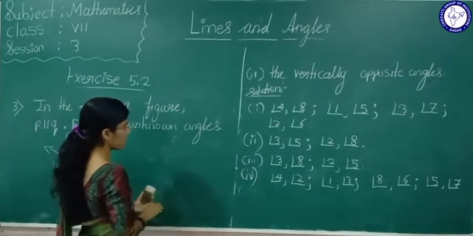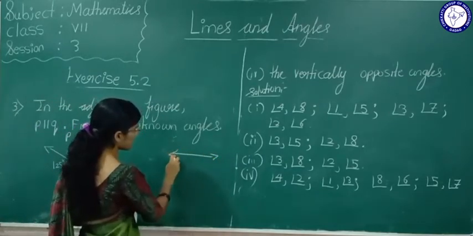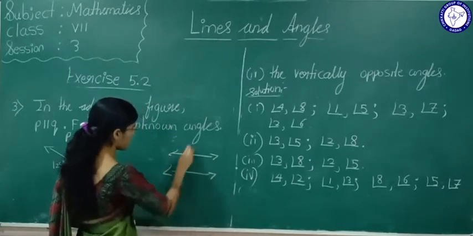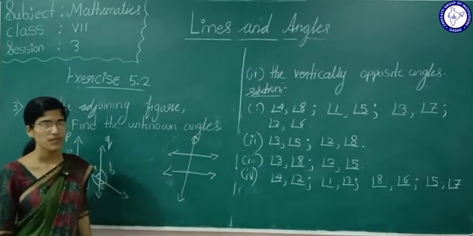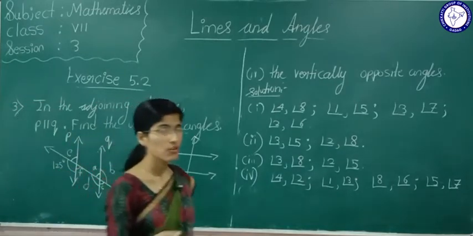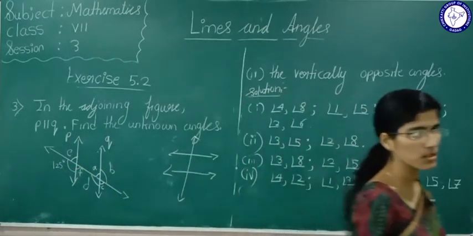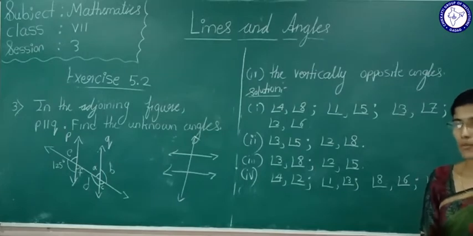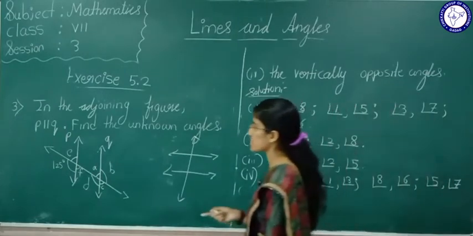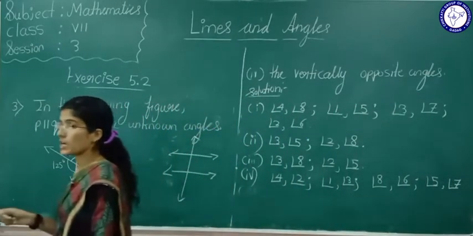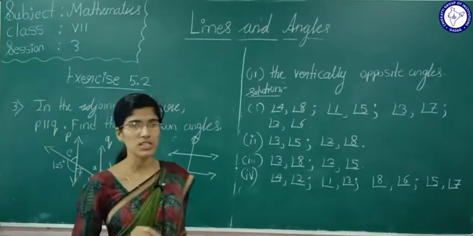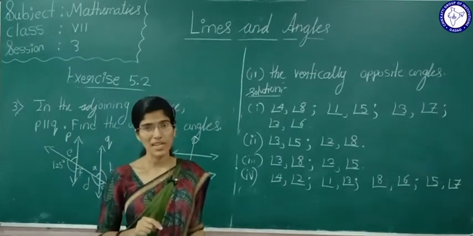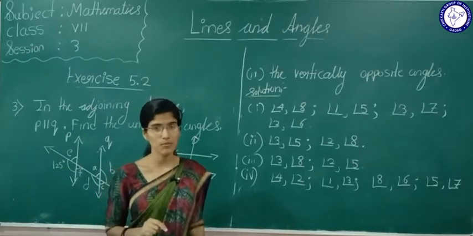When two lines are parallel and there is a transversal, we know that the pairs of corresponding angles are equal, that is number 1, and the pairs of alternate interior angles are equal, that is number 2, and number 3 is that interior angles on the same side of the transversal are supplementary. We know these 3 points, right?